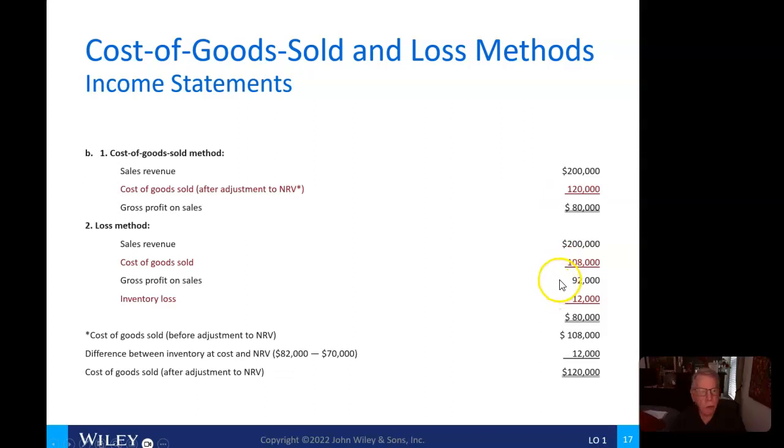So that gives us a gross profit of 92,000, and then from the gross profit we would subtract the $12,000 as the inventory loss here. And both would result in a pre-tax profit of $80,000. Okay, I think that's clear.